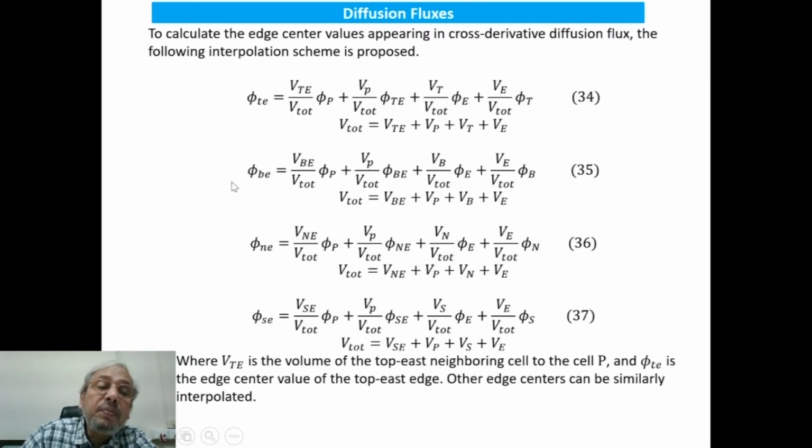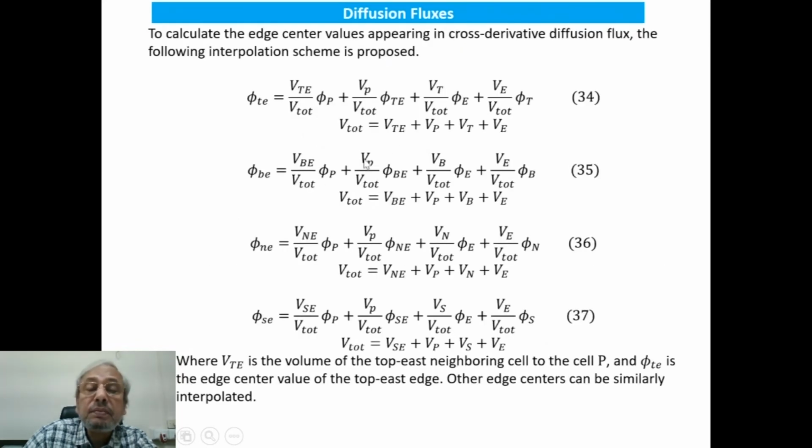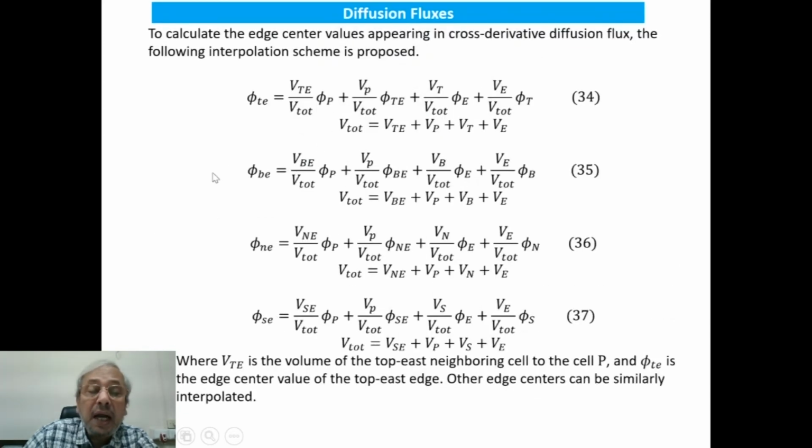Similarly, phi B will involve the bottom cell. Here phi T involved the top cell and top eastern neighbor. Similarly, when we define phi B, it will involve P cell, its bottom cell, eastern neighbor, and the bottom cell of the eastern neighbor. And then this will be defined through interpolation. Similarly, phi NE will involve 4 neighboring cells, phi AC will also involve 4 neighboring cells, and these are to be defined.